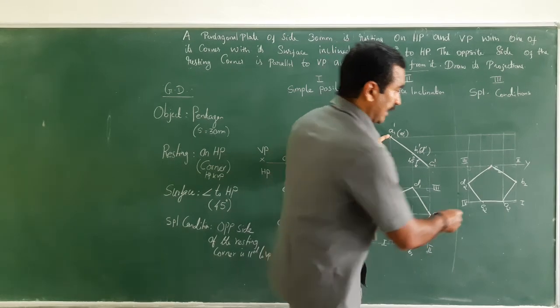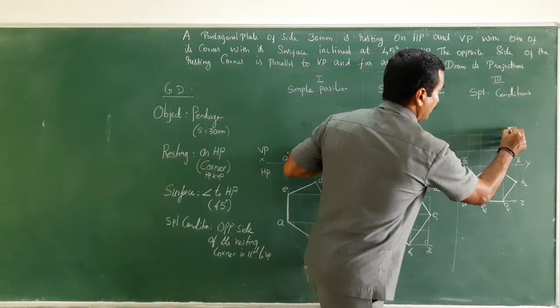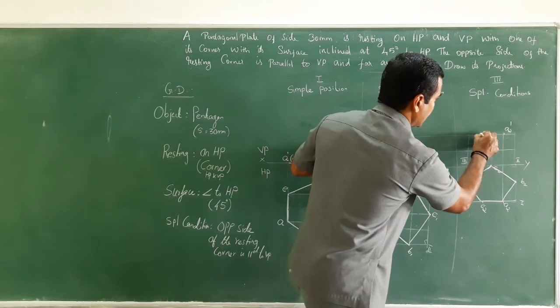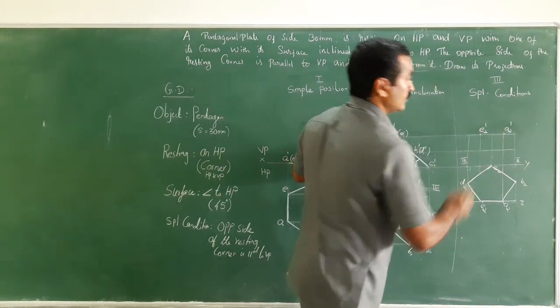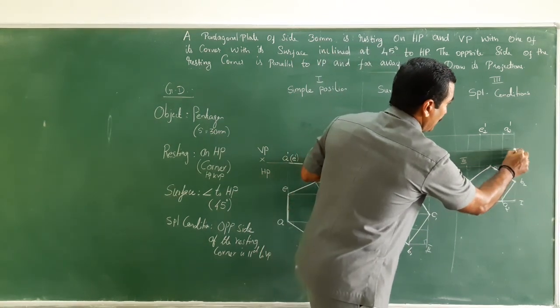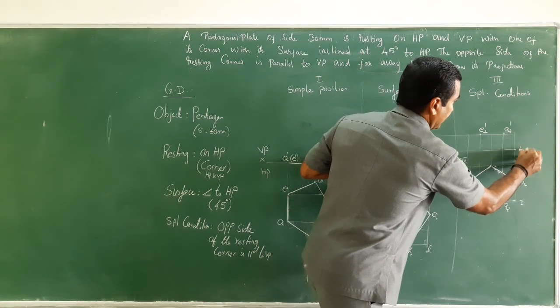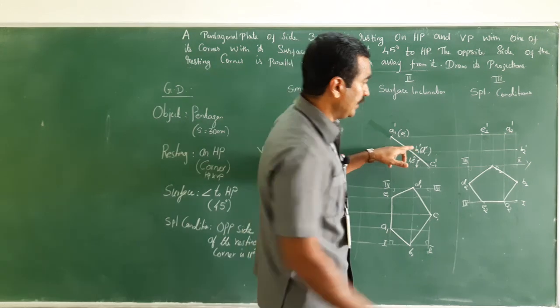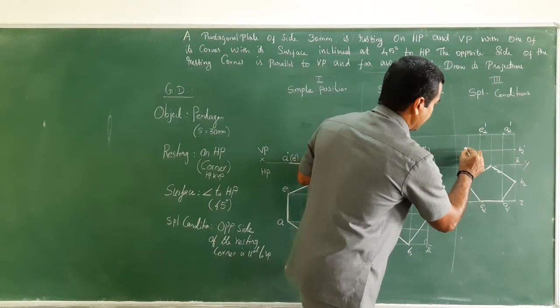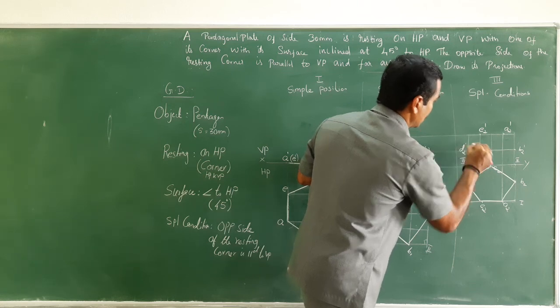Right. So now A is here, this could be my A2 dash. E is here, this is my E2 dash. B is here, look at B and B are getting intersected here, so B2 dash. D and D are getting intersecting here, so D2 dash.